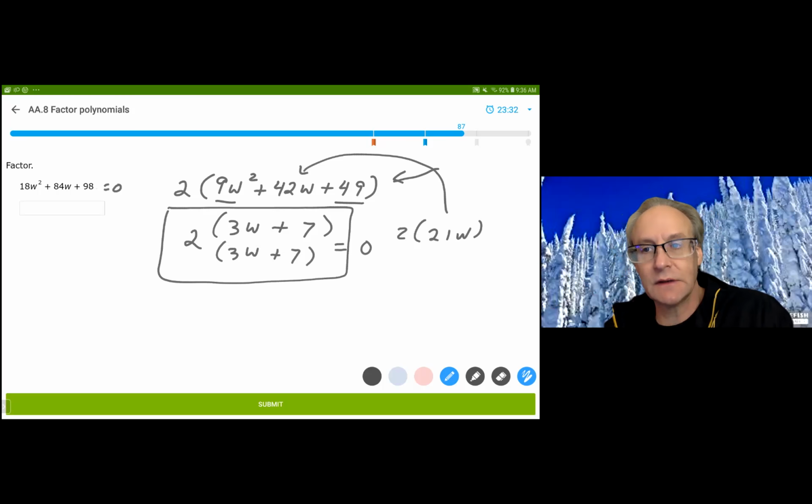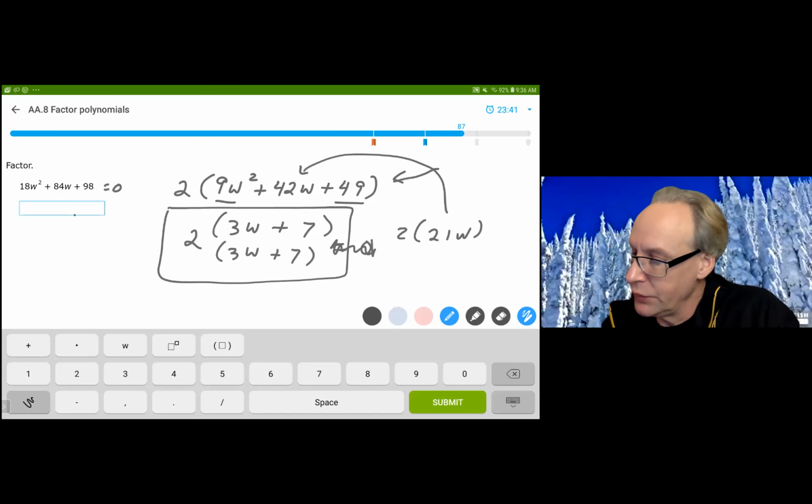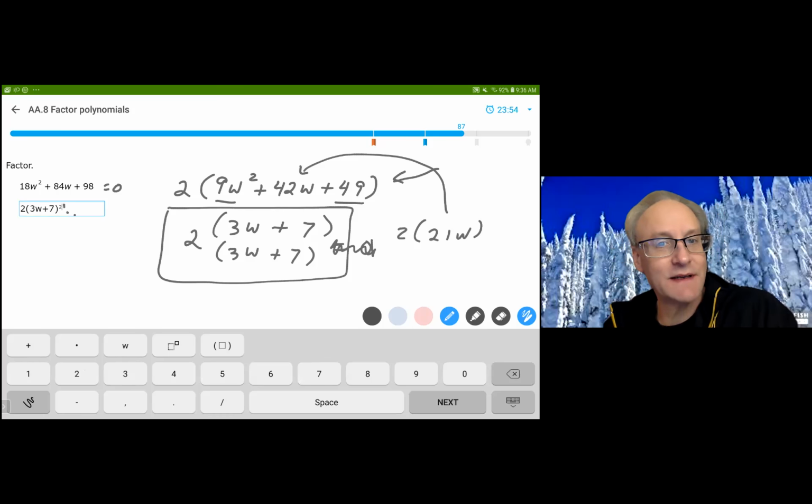And once you start solving equations, you start ignoring that extra term that you factor out. Anyway, let's go ahead and put in our factors. 2 parentheses 3w plus 7, and it's being squared, isn't it? Oh, I said it's being squared. Come on. There we go. That's it.